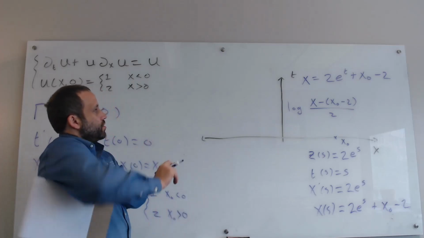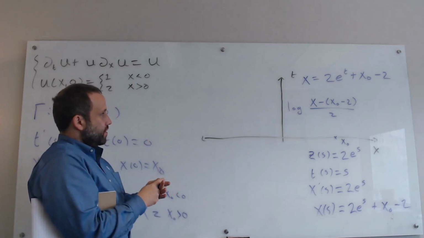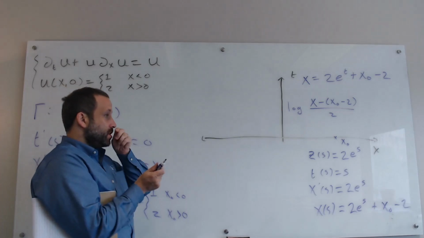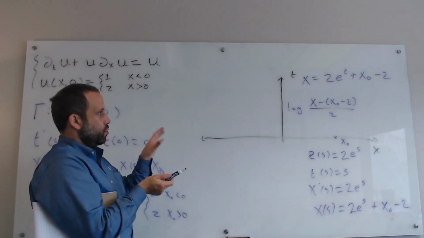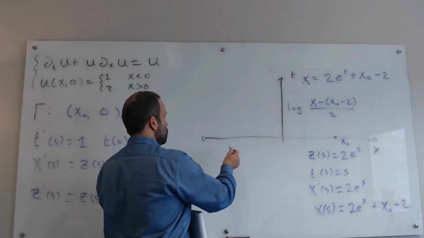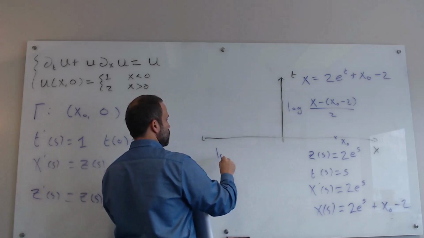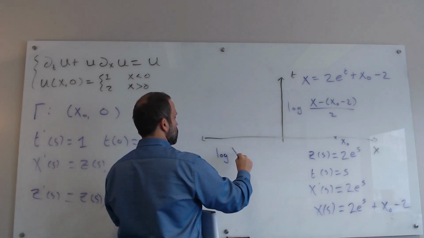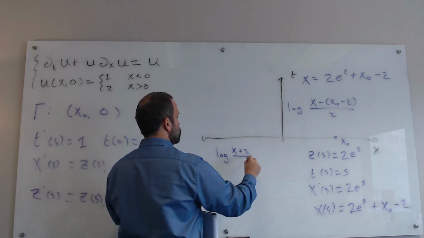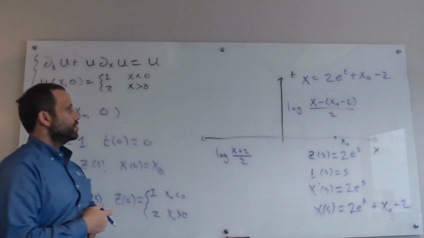Okay, so now I want to see what happens. So again, this is technically just for x naught greater than 0, but I want to see what happens at x naught equals 0. So if x naught is equal to 0, I'm just going to write it down here, it's log of x plus 2 over 2.